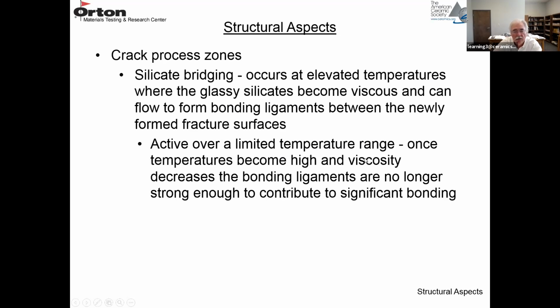If you keep increasing the temperature, it becomes less viscous and more fluid, and you don't have bridging ligaments anymore. So it's active over a limited temperature range. Once the temperature becomes too high, the viscosity decreases and the bonding ligaments disappear, and they're no longer contributing to dissipating energy in the crack wake.